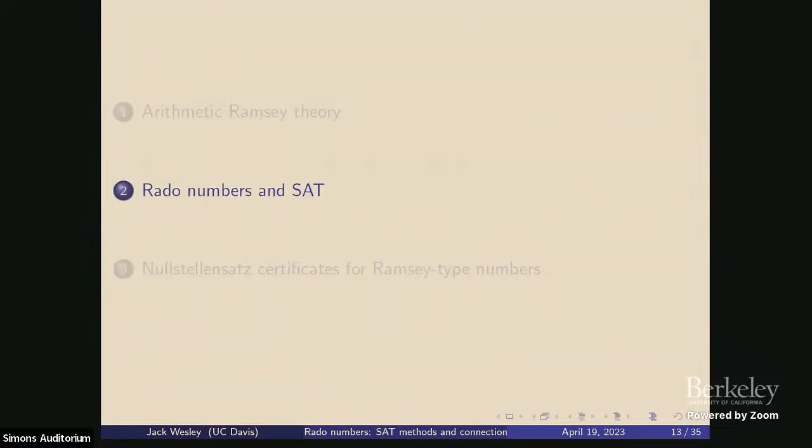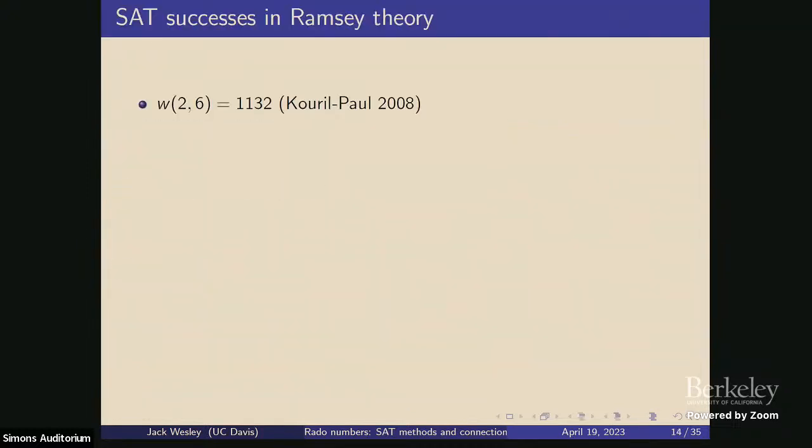So what does this have to do with SAT? Well, most of the best bounds, or exact values, for these numbers are due to SAT solving. This is going to be a non-exhaustive but decent list of some of the successes SAT has had in computing these numbers.